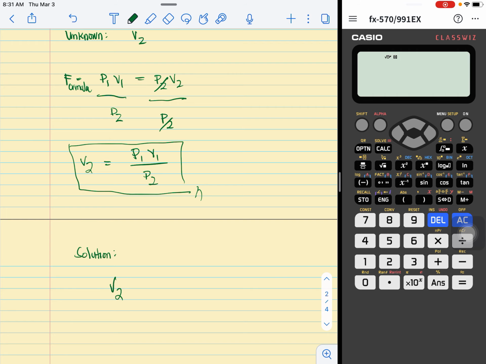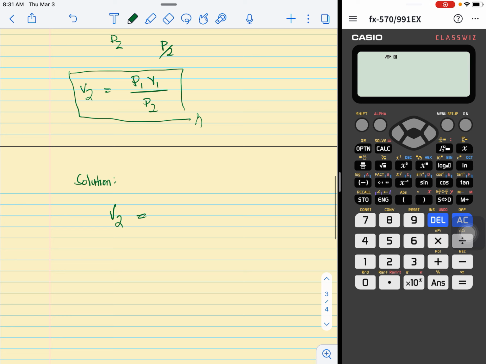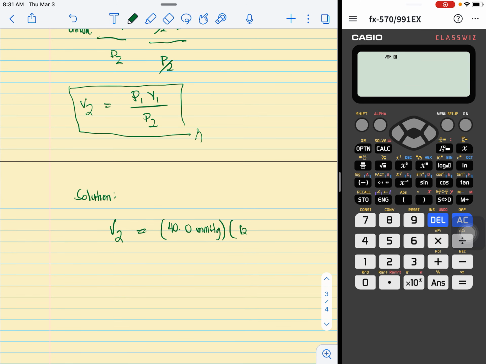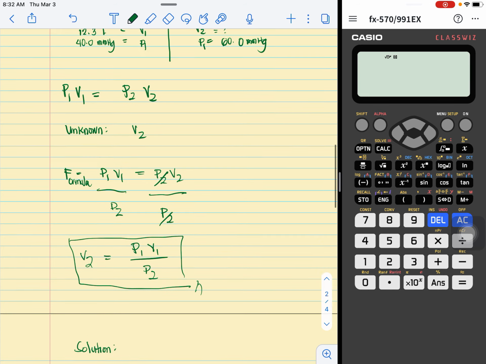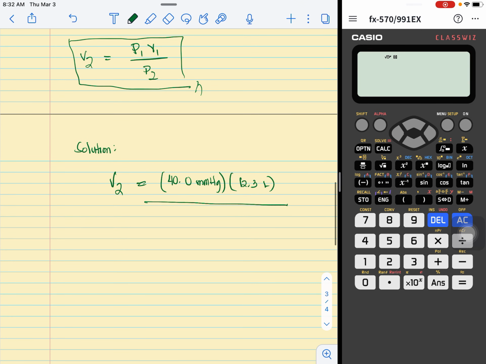So V2 is equal to the value of P1, which is 40.0 millimeters of mercury, multiplied by 12.3 liters, all over the value of 60.0 millimeters of mercury.